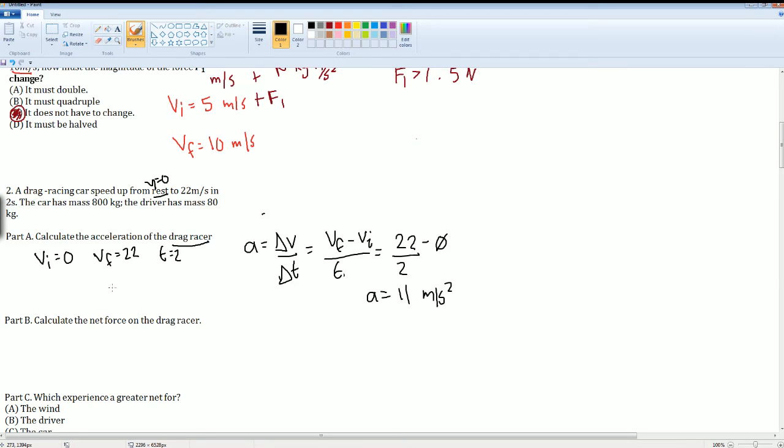You didn't have to do force. You did not have to do mass. This is just the kinematic equation. Can I give you a side note? Here's an interesting side note.